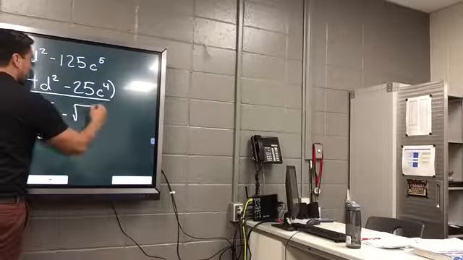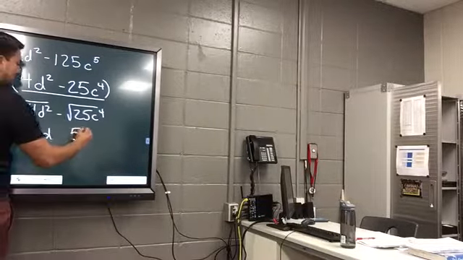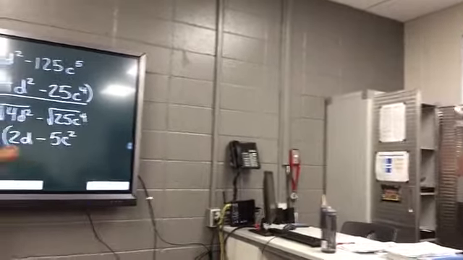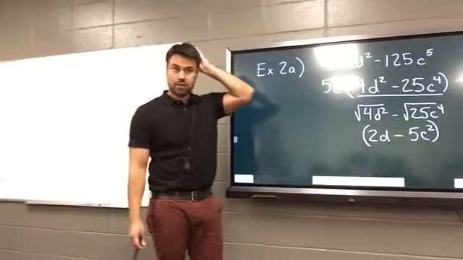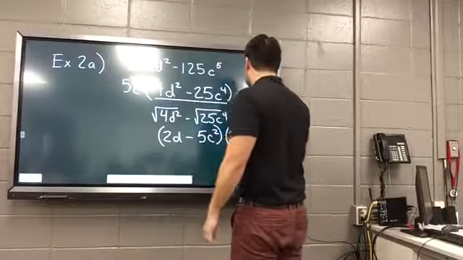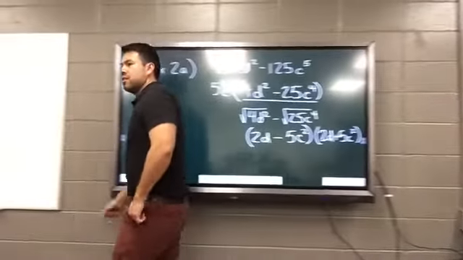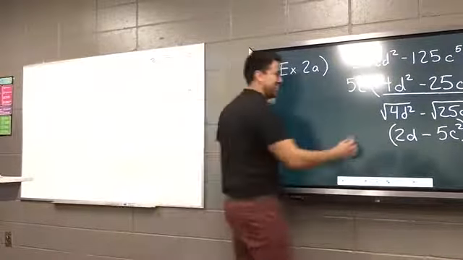What's the square root of 25c to the 4th? 5c squared. And they're being subtracted. That's one of your binomials. What's your second binomial? 2d plus 5c squared. Is that my answer? No. What did I do wrong? You forgot your 5c. It didn't go away. You still need that part right there.